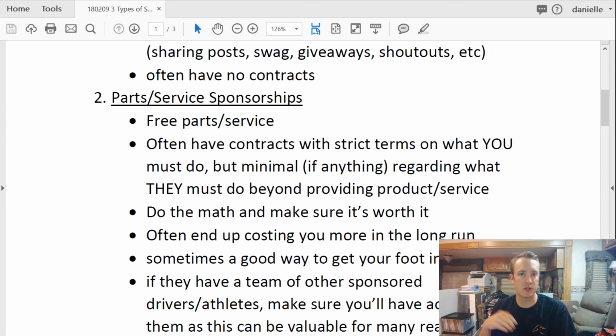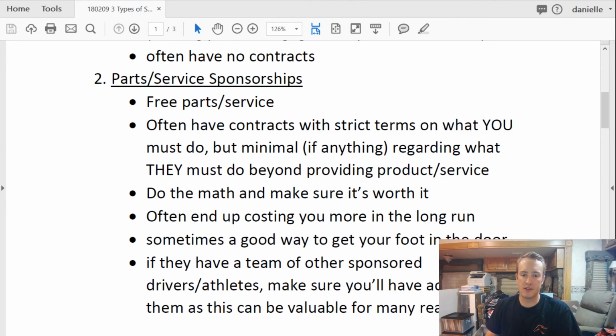Each marketing manager, whoever makes the decision, or as I like to call them, decision makers at these companies, will be a little bit different in how they like to handle things. But one thing you need to make sure of is that the contract, if they have you sign one, specifies not only what they expect you to do, but what you can expect them to do.